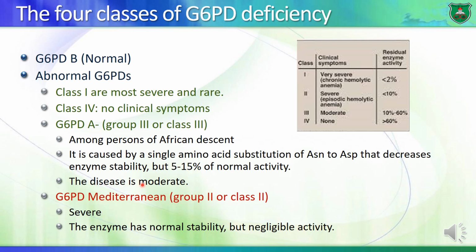The disease is moderate, okay, but it becomes severe under certain conditions, including what we'll talk about in a second or so. So class 2 are known as G6PD Mediterranean because they are common among Mediterranean individuals. Now here you have normal stability of the enzyme but very little activity, and it's a severe condition.